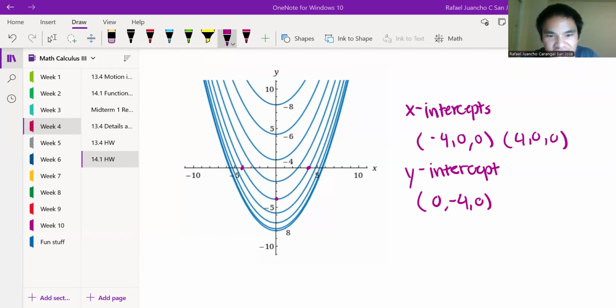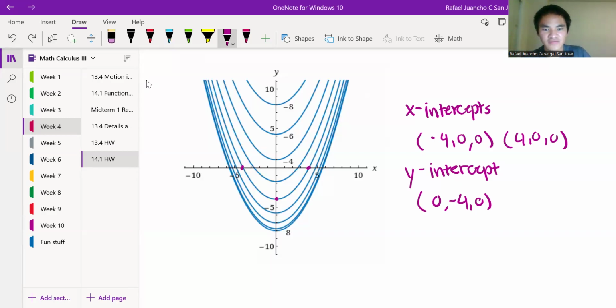Can I see that? Is it in between -8 and 10, or -10 and 8? Here, definitely, it doesn't touch here at any point. So I would assume it's the other one, -10 to 8.